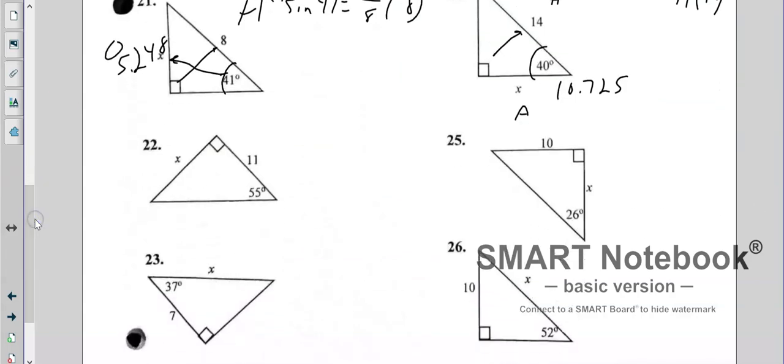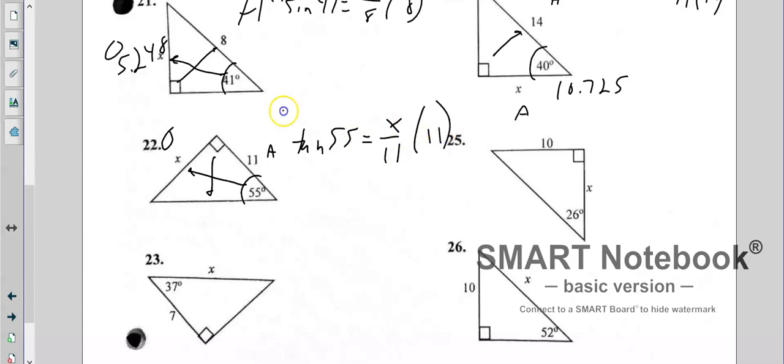All right. Notice we do not have the hypotenuse. From this angle, we're trying to find the opposite. We have the adjacent. That's tangent. Tangent of 55 equals opposite, unknown, over adjacent, 11. Again, this is the easier one. You just multiply by 11.